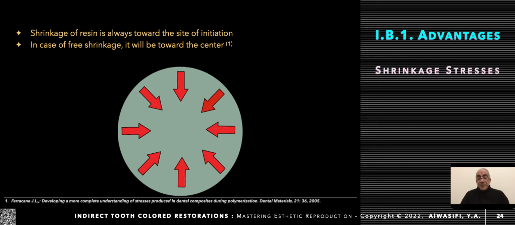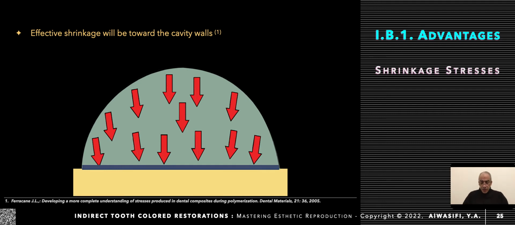But the effective shrinkage, when you are applying an increment of photo-initiated or photopolymerized composite resin, is different: this increment will wet your wall.